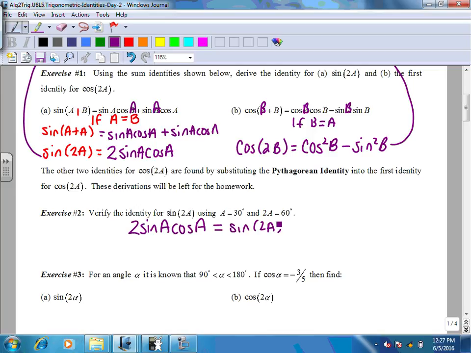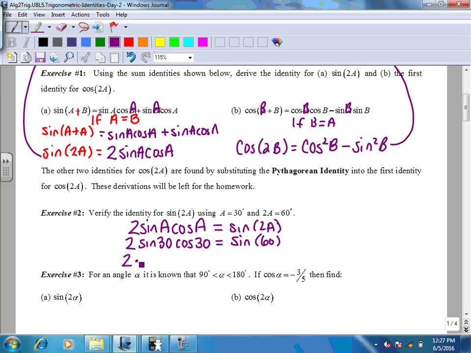Let's use the angles they gave us: 2 sine 30 cosine 30, and see if that's the same as sine of 2A, which is 60.